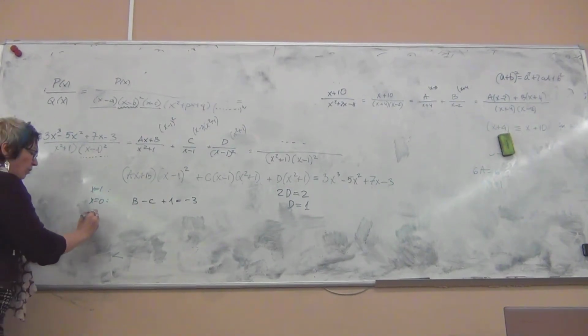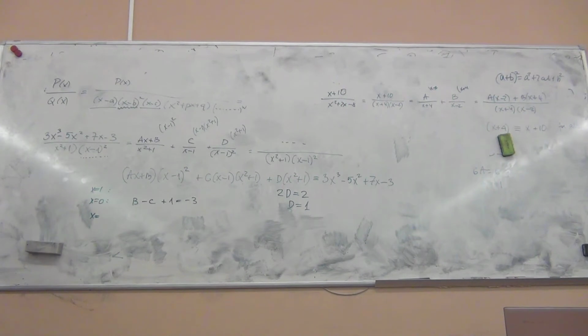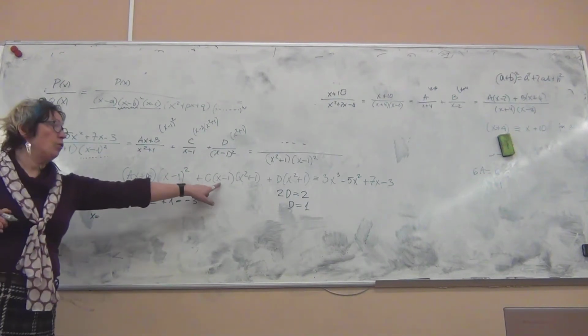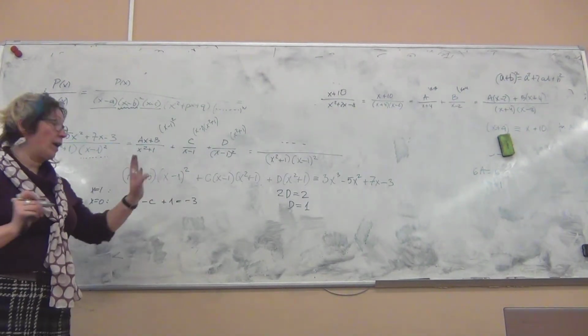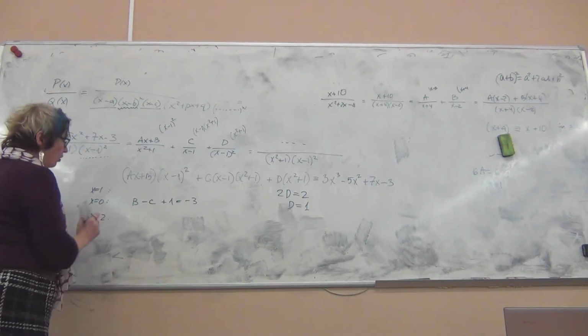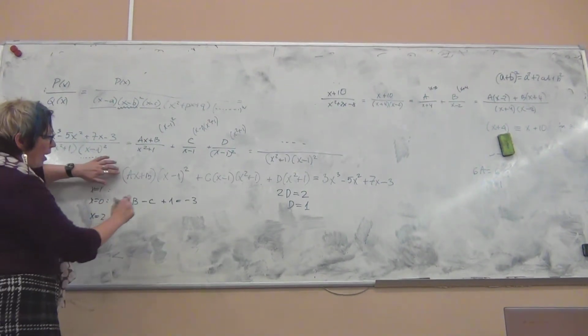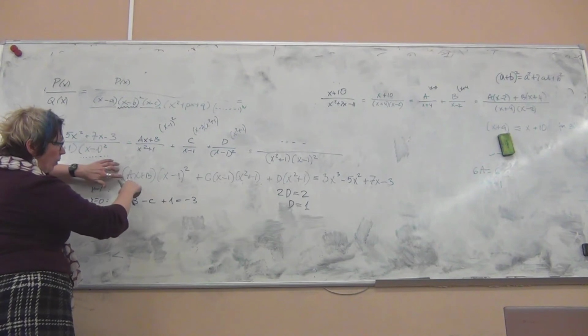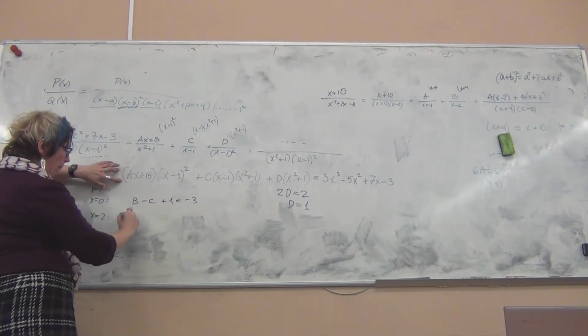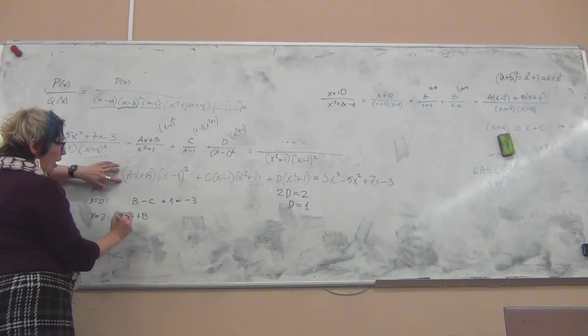So what other x values could we choose? What other x values could be nice? Minus 1 perhaps. 2. Because for 2, this becomes 1, this becomes 1 again, more or less easy. So if x is 2, this is 1, so this becomes 2a plus b.